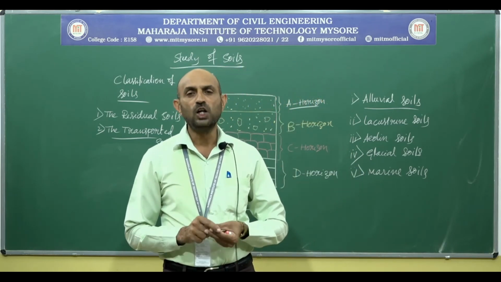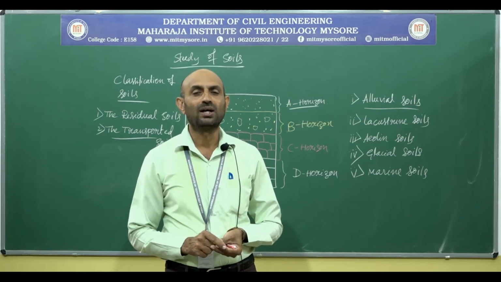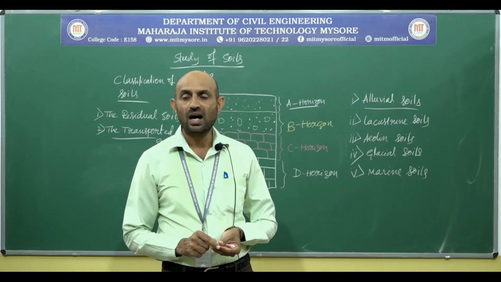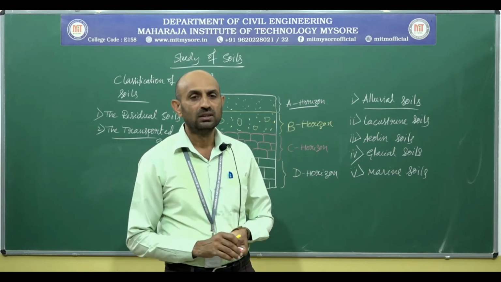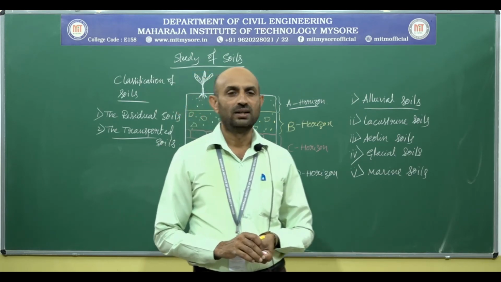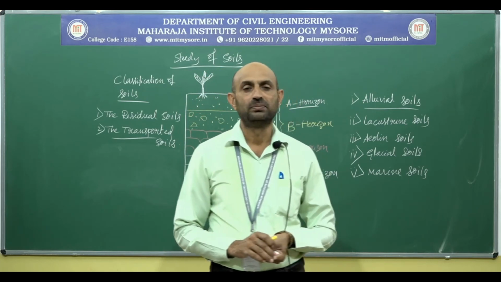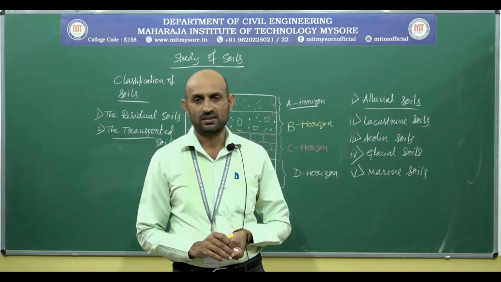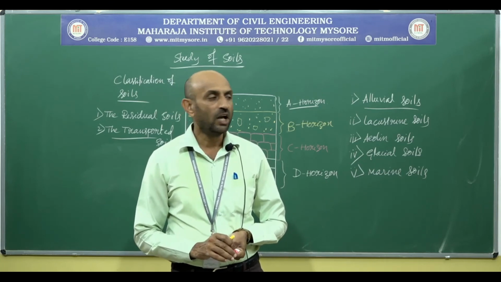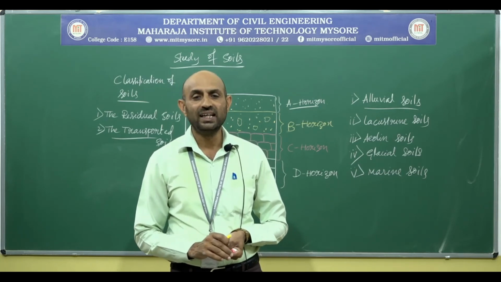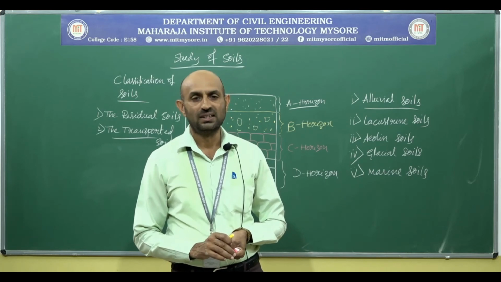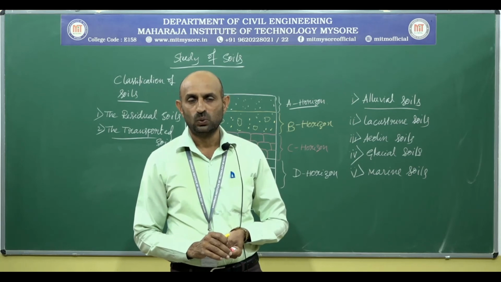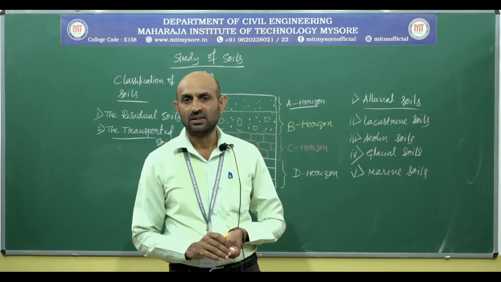It is also called by the name black cotton soils. These soils are ideal for growing cotton and hence the name. These are residual type of soils and derived from basic igneous rocks like basalts of the Deccan Traps. What are basalts?